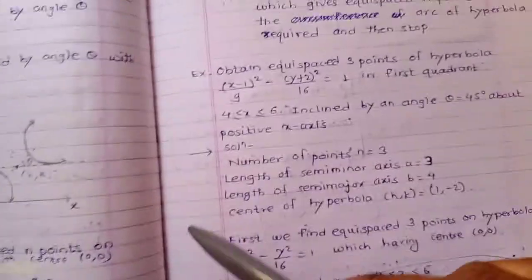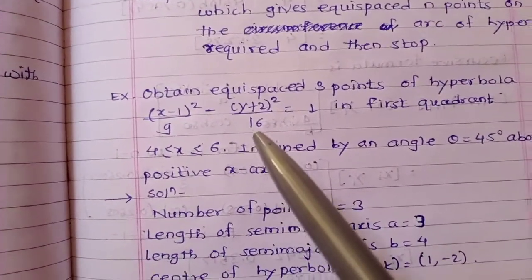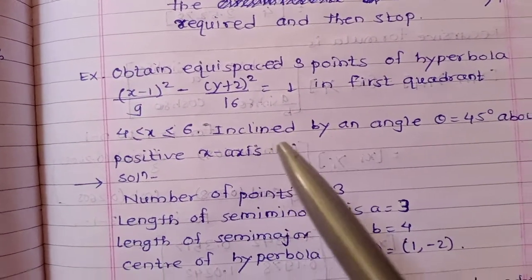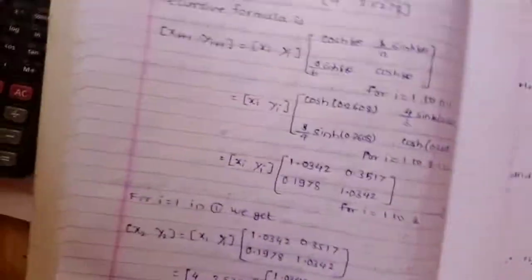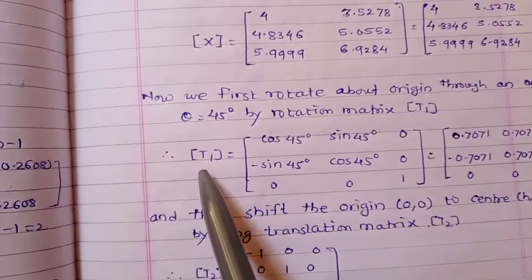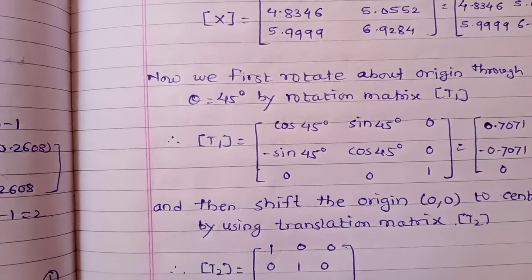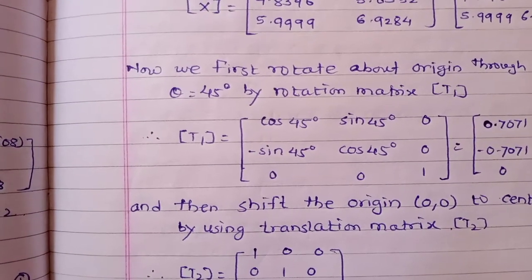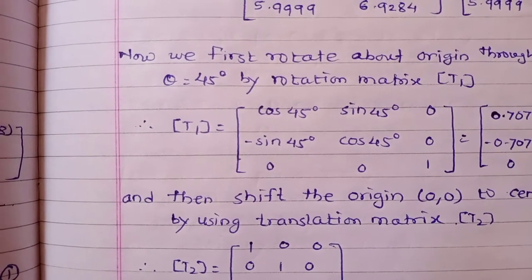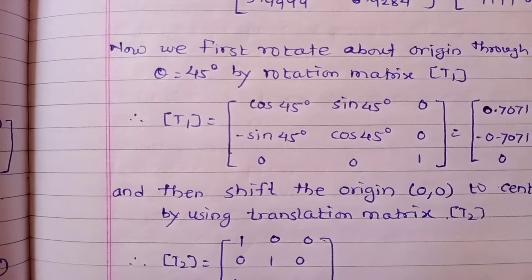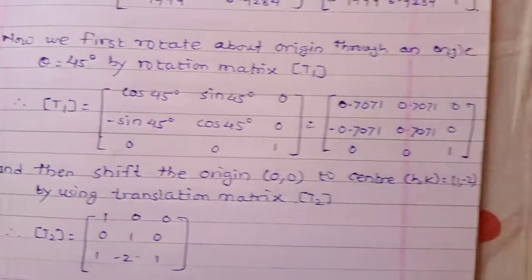Why did we take 45 degrees? Because in our example the incline is given as an angle theta equal to 45 degrees. So T1 is the rotation matrix with theta equal to 45 degrees: cos 45, sin 45, 0; minus sin 45, cos 45, 0; 0, 0, 1.